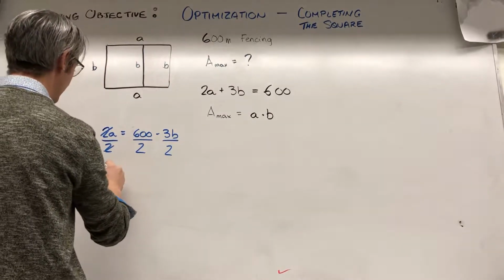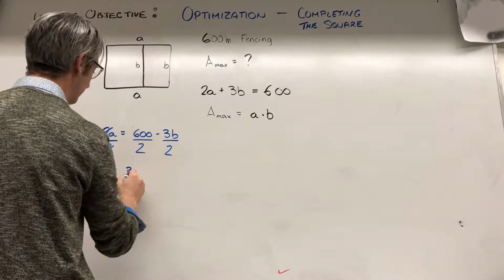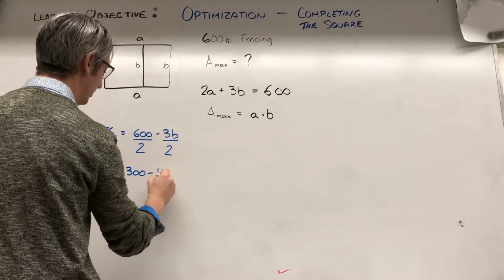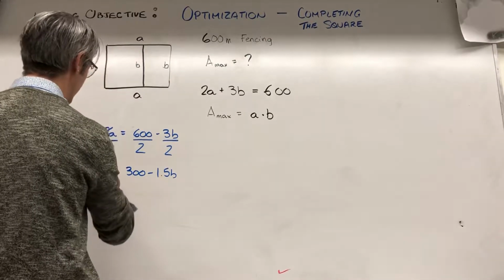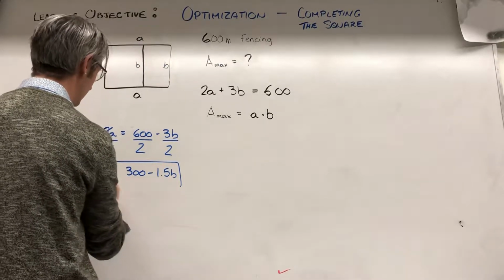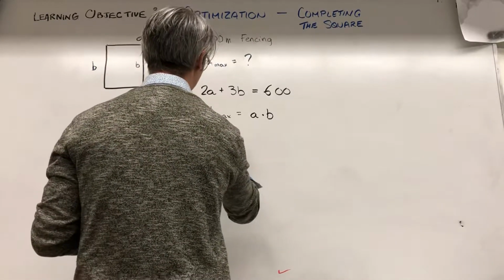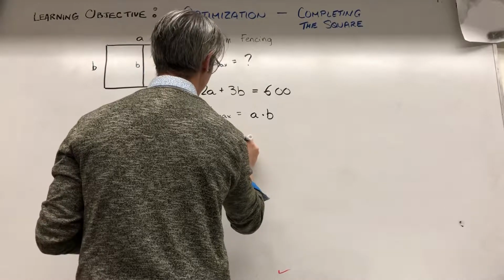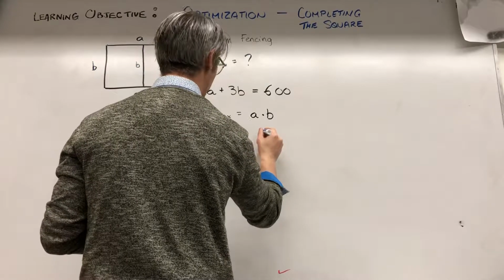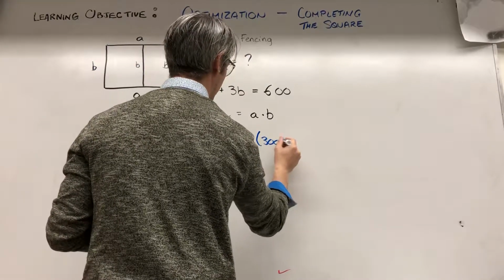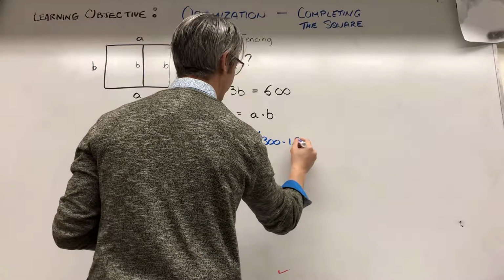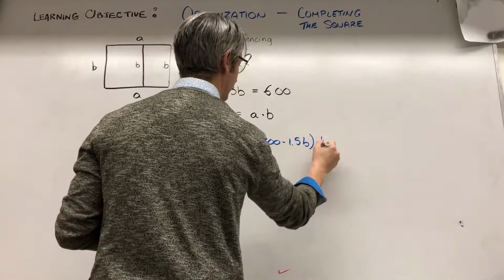So I get A is equal to 300 minus 1.5B. Every time I see A in here, I can replace it with this. So I get A max is equal to (300 minus 1.5B) times B.